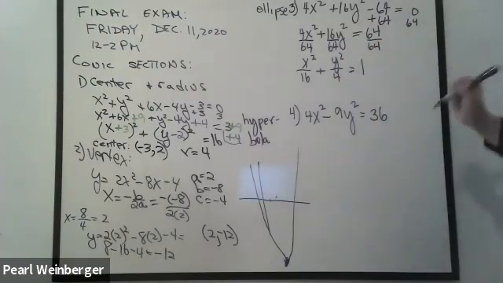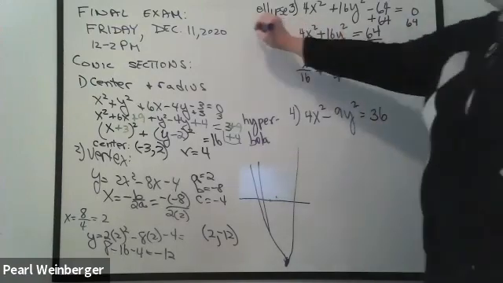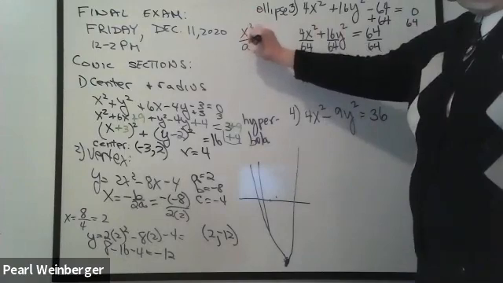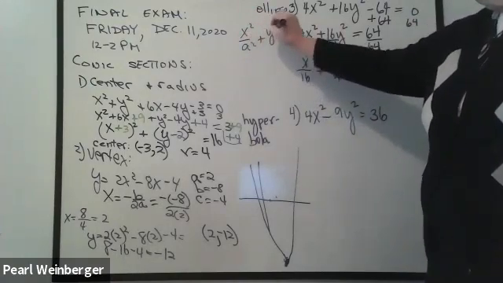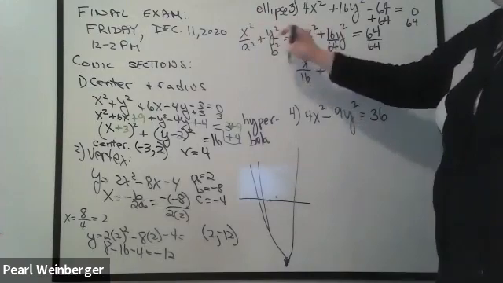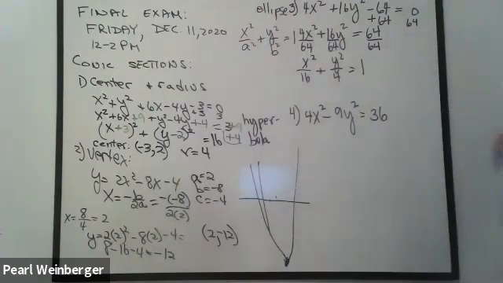That is the standard format of an ellipse: x squared over a squared plus y squared over b squared equals 1. Remember, this plus is very important.